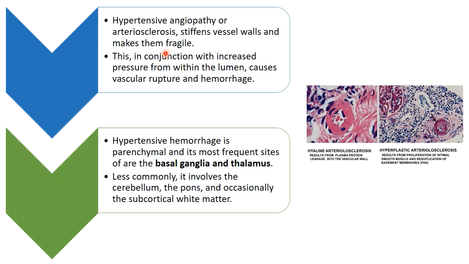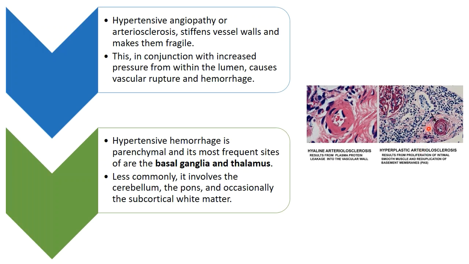Now, why does a hypertensive hemorrhage develop? This typically results because of what is called arteriosclerosis, which is nothing but the stiffening of the vessel wall. You see here the hyaline arteriosclerosis, which has resulted from the deposition of plasma proteins that have leaked into the vessel wall.